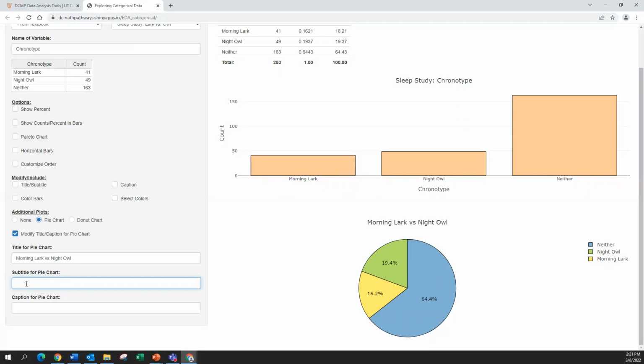And so the subtitle, we typically use N equals, and in this case, the answer is 253, and that was students. And so this way, if somebody needs to calculate how many people fit in each category, because they don't have the little summary data over here, they can do that math of taking 19% of the 253, or 64.4% of the 253.